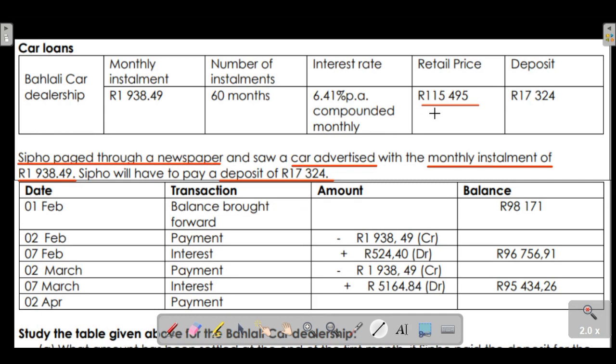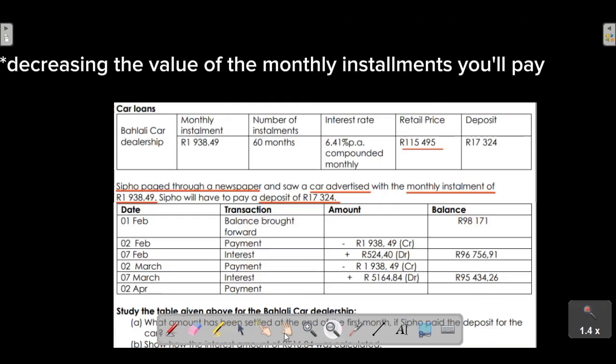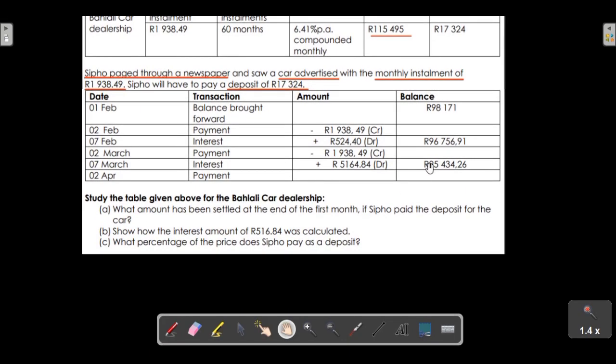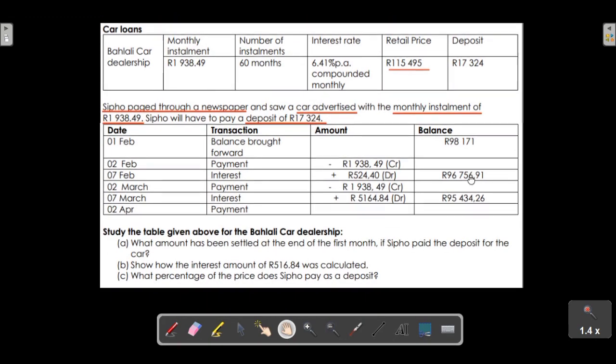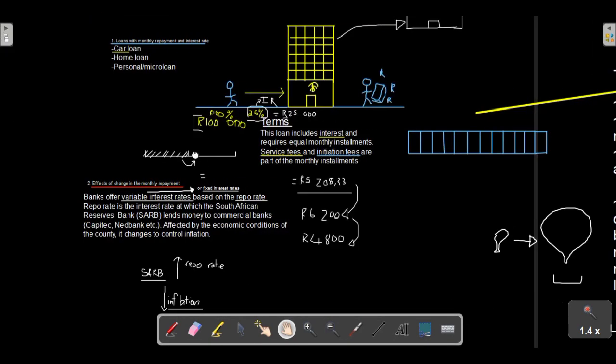Then the remaining amount is what will be charged interest. So if you pay a deposit, you're actually decreasing the amount of monthly installments that you have to pay. I will demonstrate this in these questions.